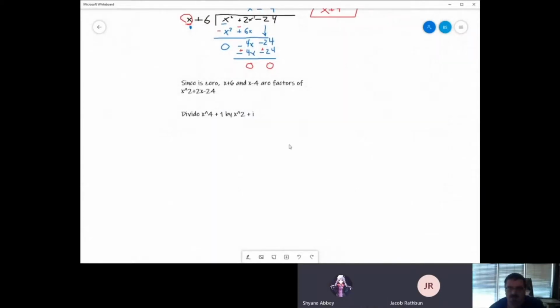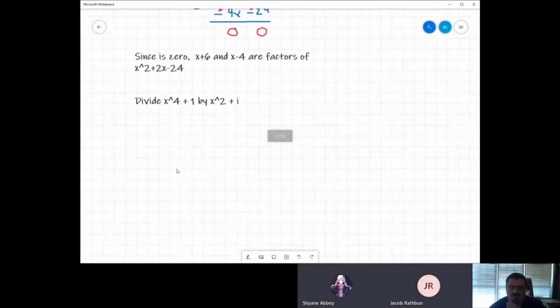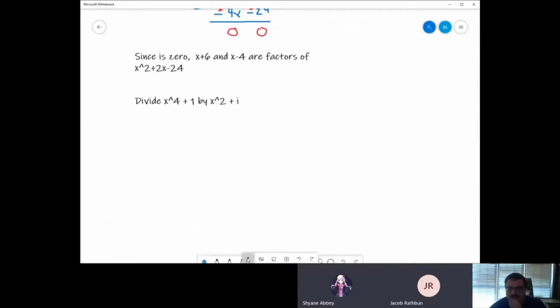Let's make that bigger. So inside. Outside.